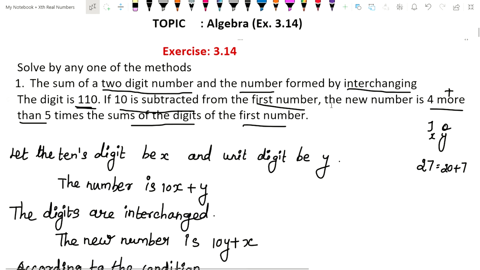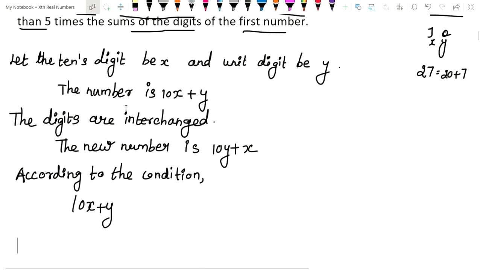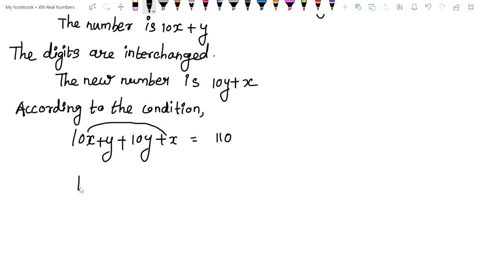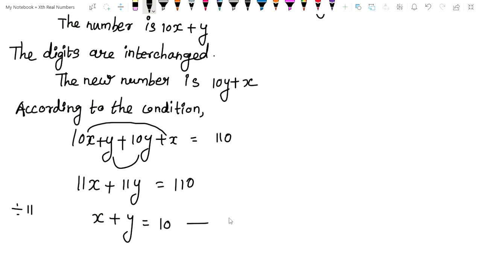After interchanging, what are you getting, children? 10y plus x. You should add this and this and you will get 110. Okay. So 10x plus y plus 10y plus x equals 110. Now you should add it, 10x plus x, what will you get? 11x plus y plus 10y, what will you get, children? 11y equals 110. Okay. Now divide by 11, x plus y equals 10. This is the first equation.